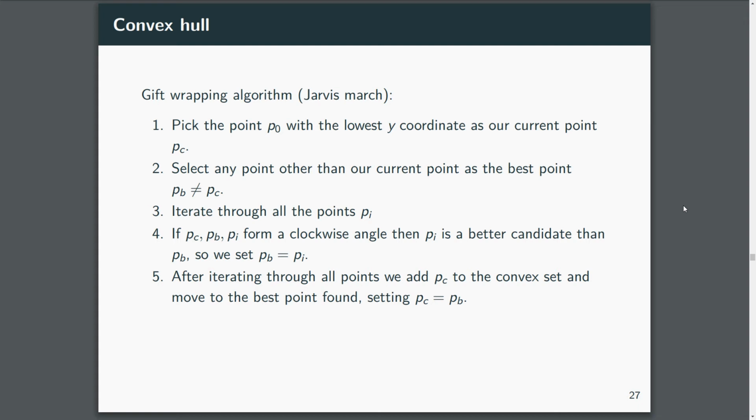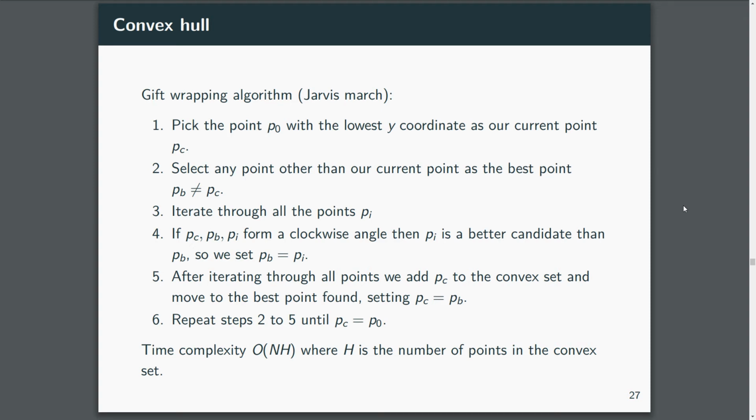After iterating through all the points, we add PC to our convex set, and we move to the next best point found. So we set PC to PB. And we repeat these steps until PC equals P0. So until we get back to our starting point.